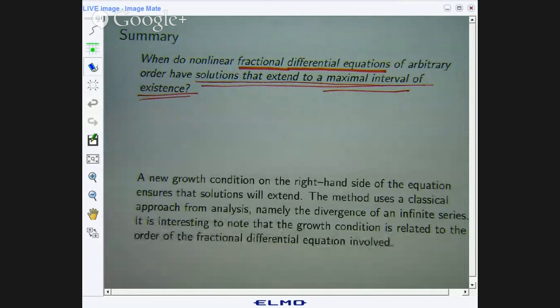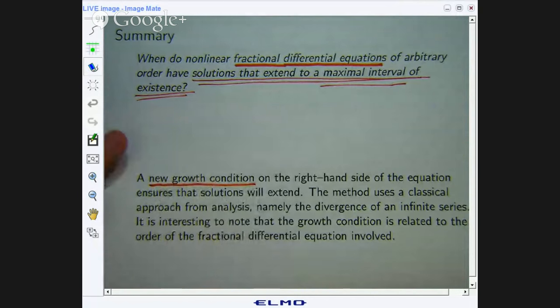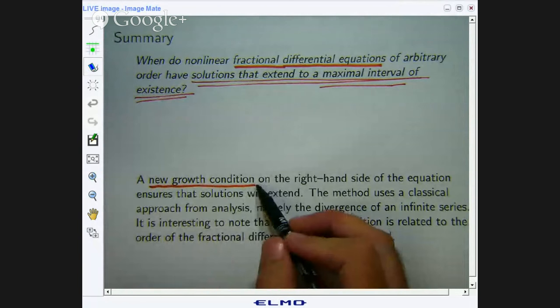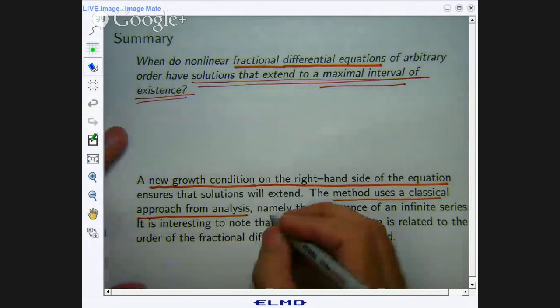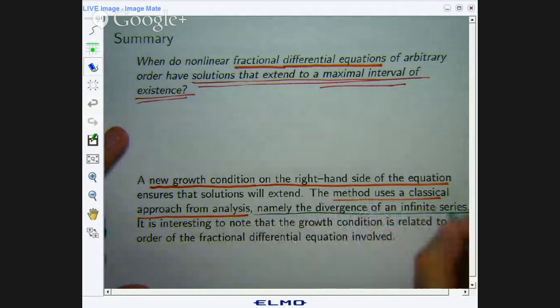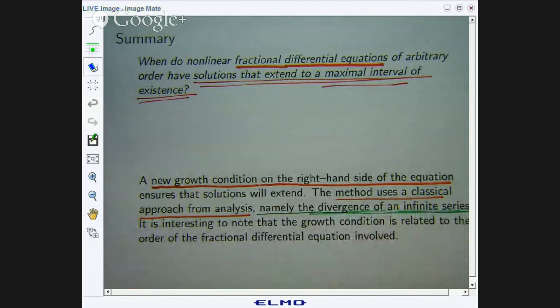The conditions that I'm going to introduce, and the innovation, is a new growth condition on the so-called right-hand side of the problem that ensures the solutions will extend. The ideas involve ideas from classical analysis, and in particular, and you might be surprised about this, the divergence of an infinite series. Yes, the divergence of an infinite series, not the convergence, the divergence.